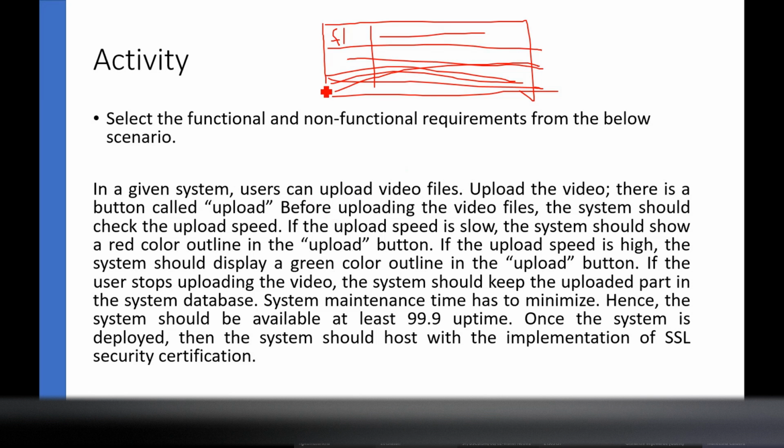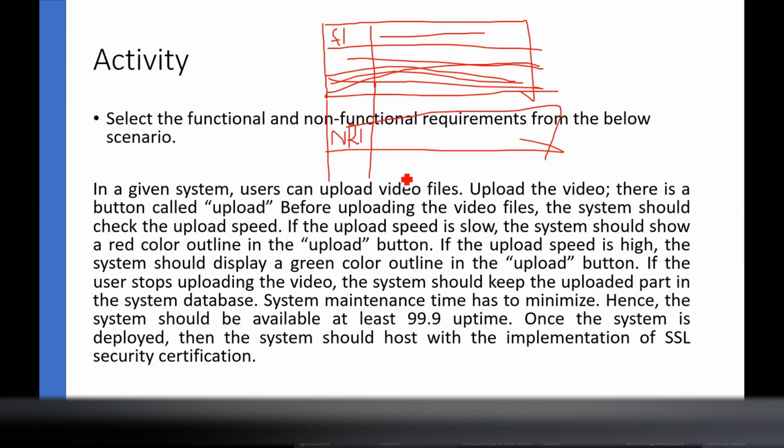Now how to add these non-functional requirements? You just extend the same table, then non-functional requirement 1. Then you have to say the system should perform with availability of 99.99 uptime.